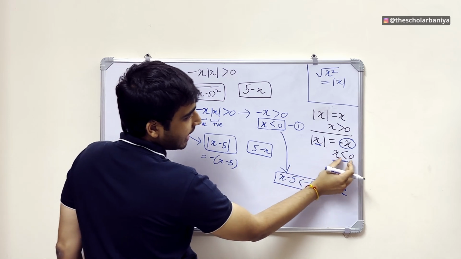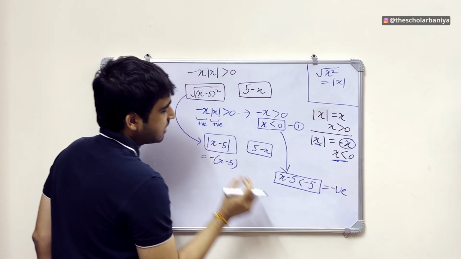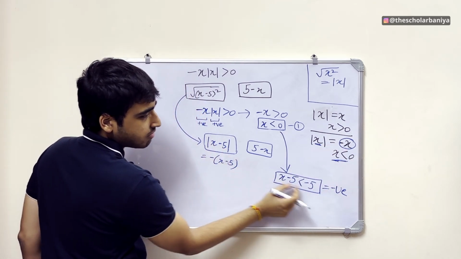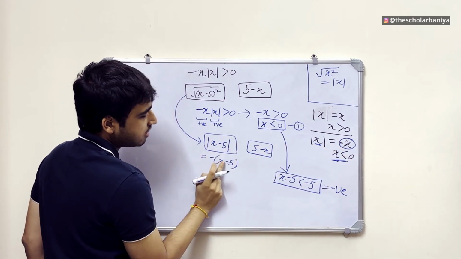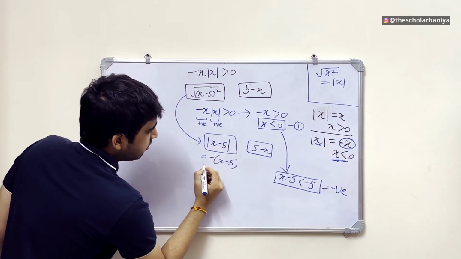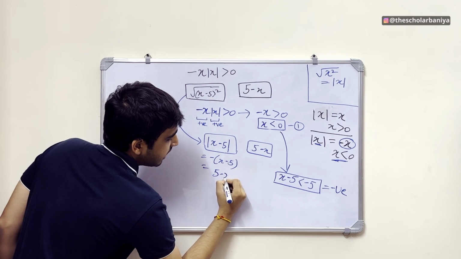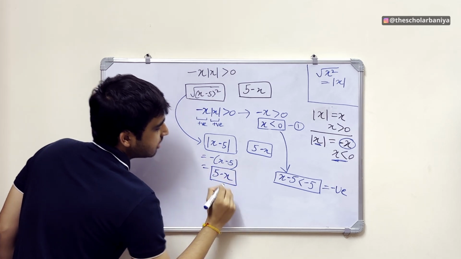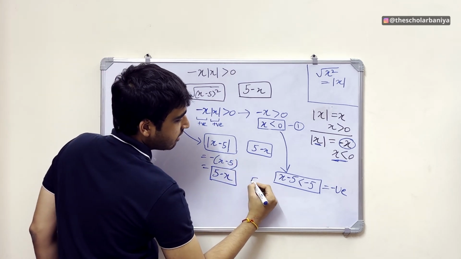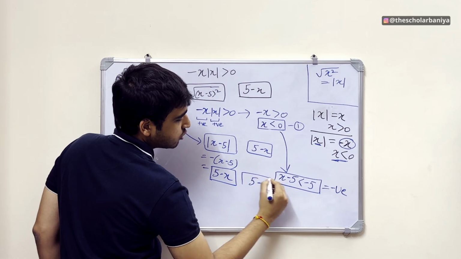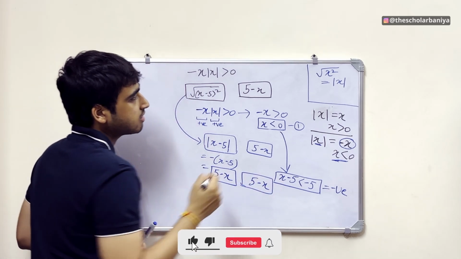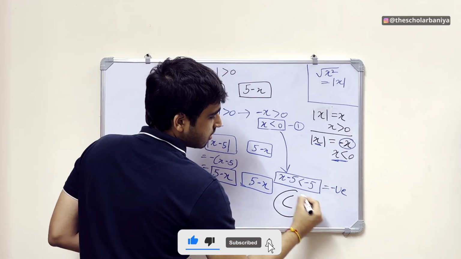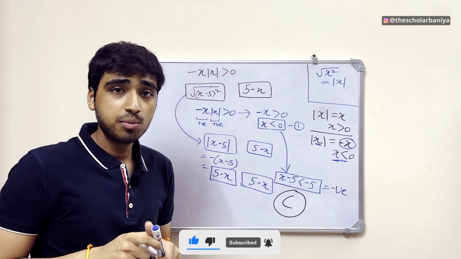Since we know this is negative, the answer will be minus of this part, which means it is 5 minus x, right? And over here, we also had 5 minus x. So both terms are equal, right? So your answer becomes C. I hope this is clear.